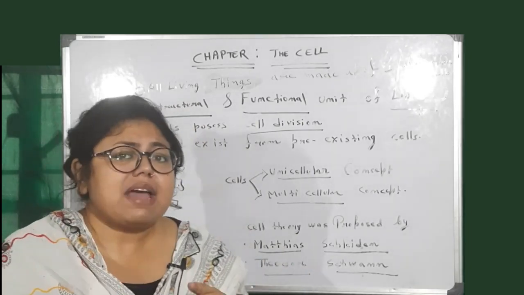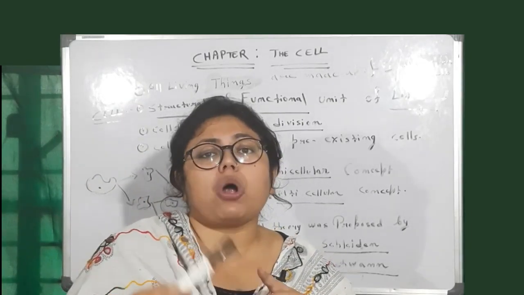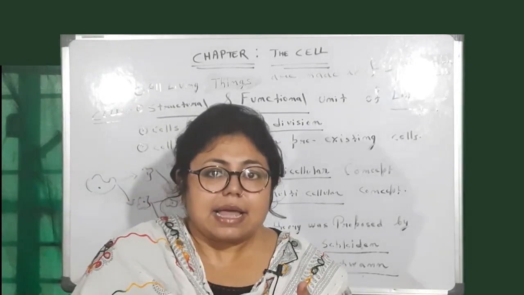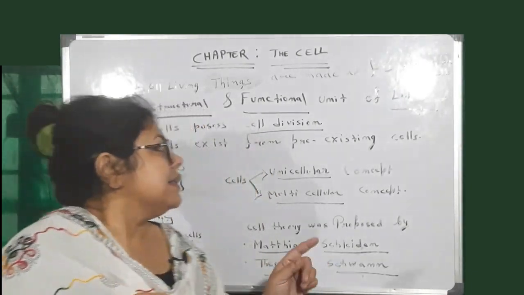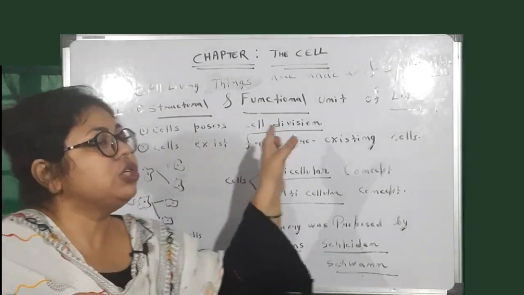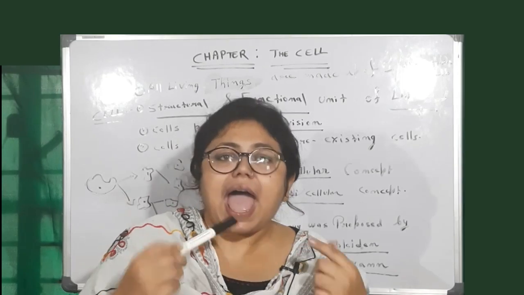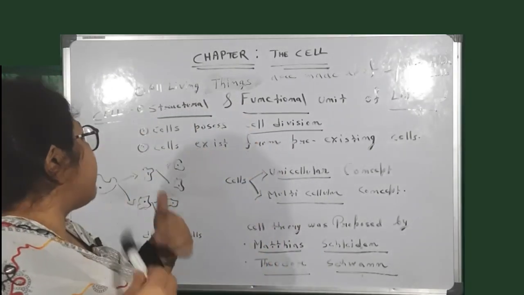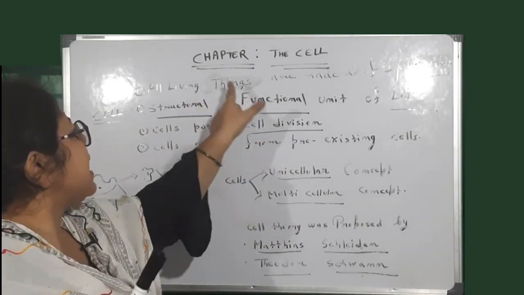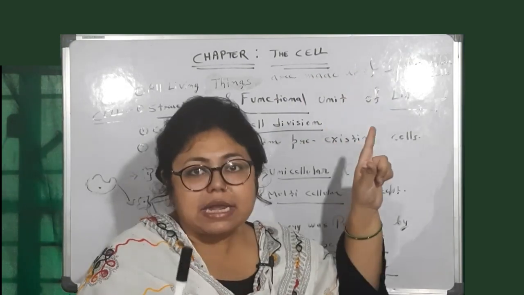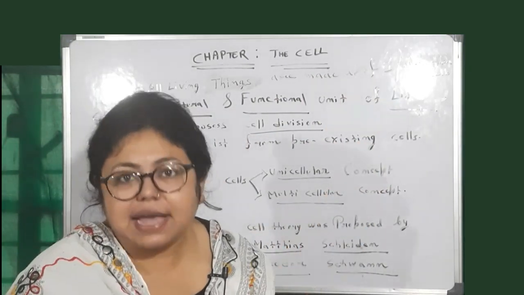So whenever the question comes into your mind, what is a cell? A cell is the structural and functional unit of life, and the most primary thing is that all living things are made up of one or more than one cell.